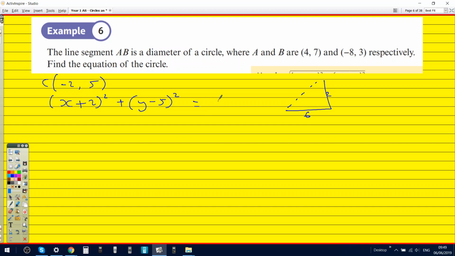And so what's the radius, or what's the equation here? So equals the square root of 4.